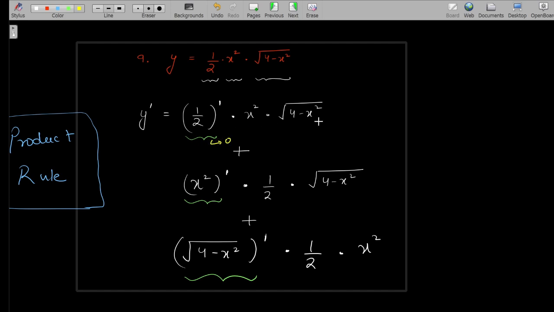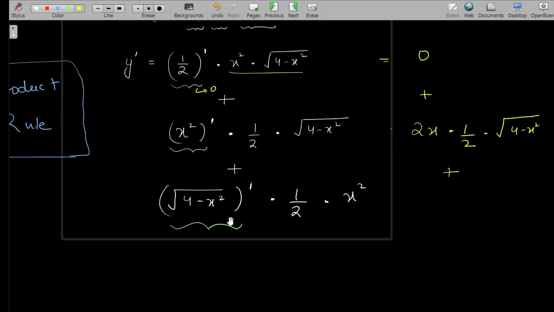So 0 times whatever, this first term just becomes 0. Now we move to the second term. So 0 plus, what's the derivative of x square? That becomes 2x. So the second term is 2x times whatever you have, you write that as it is.